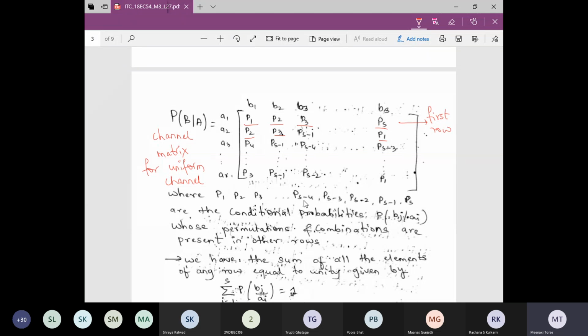So each row will have the same elements, but the order of the elements will be different compared to the previous rows.